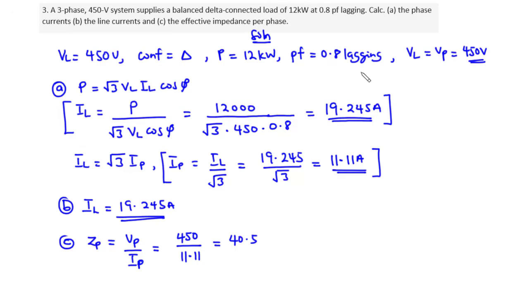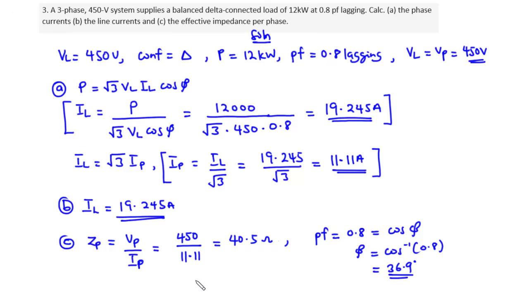And so dividing 450 by 11.11, you have 40.5. Now for the phase angle, we have the power factor giving us 0.8 lagging, and that is equal to cosine of angle phi. Therefore, angle phi is equal to cos inverse of 0.8, and that is giving us 36.9.